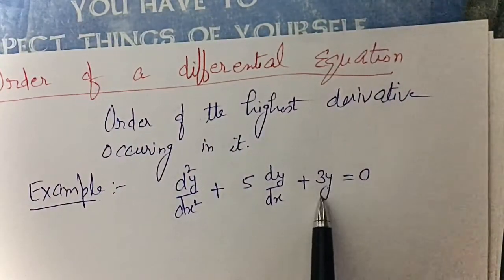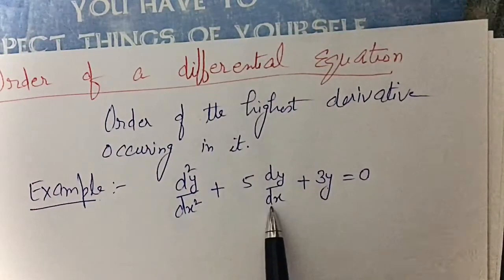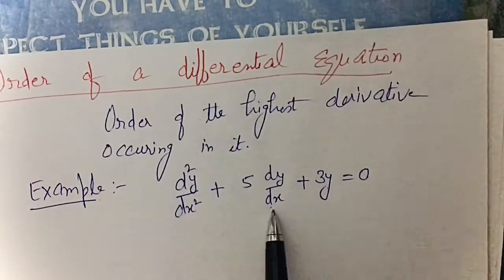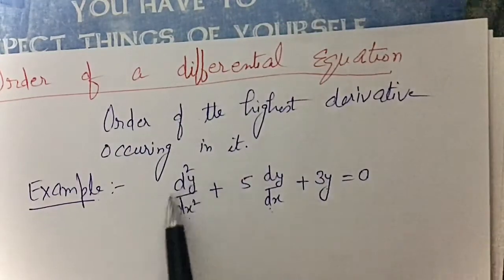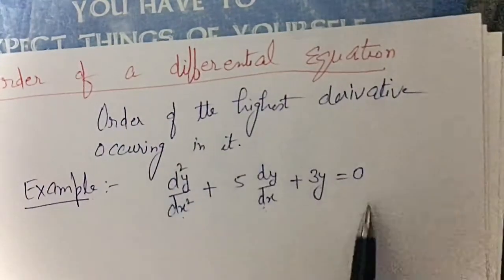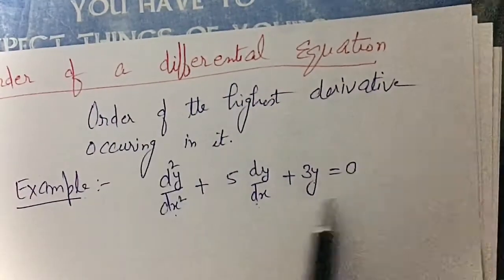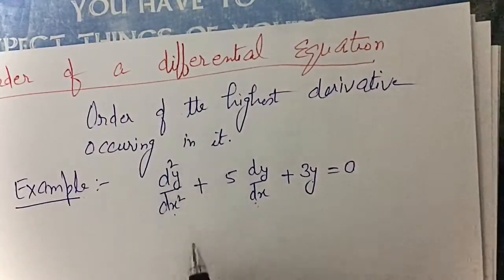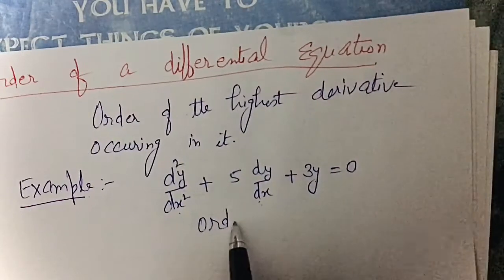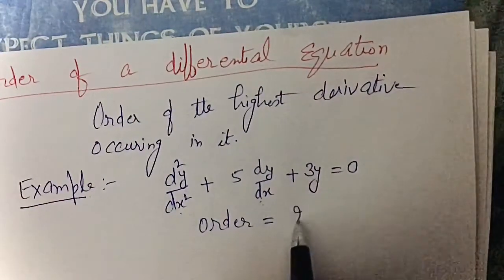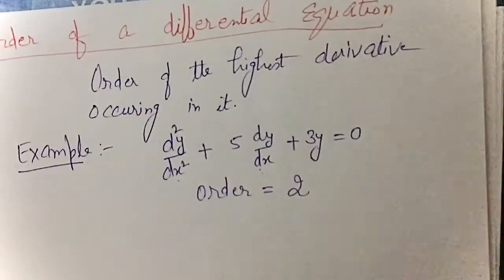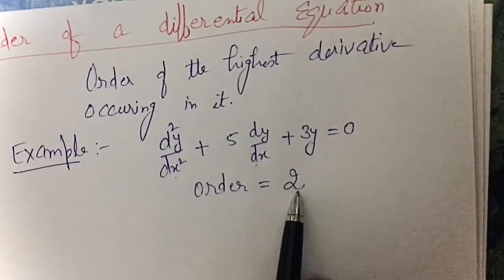In one term there is no derivative, in another we have the first order derivative, and in the third we have the second order derivative. So in the whole equation, the highest order is 2. Therefore, the order of the given equation is equal to 2.